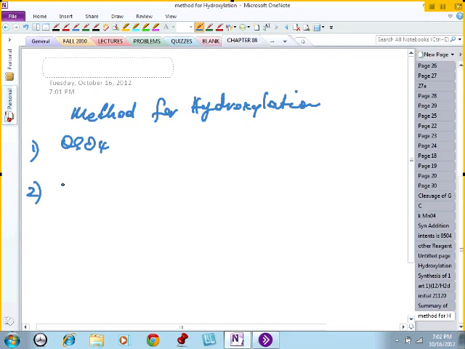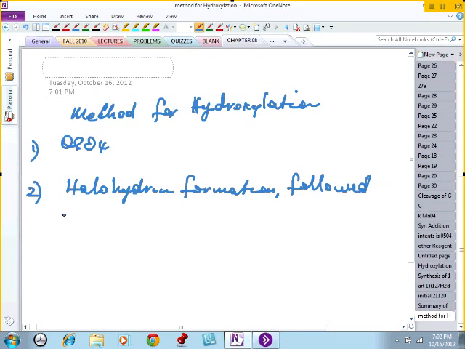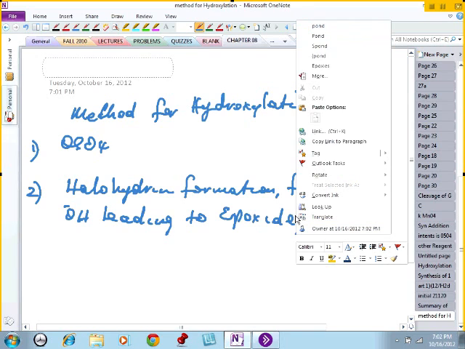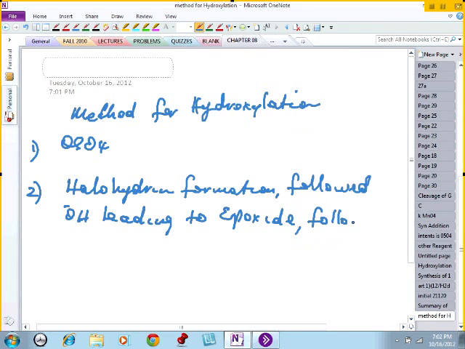Another one is halohydrin formation, followed by hydroxide, leading to epoxide, followed by hydrolysis, by hydronium ion hydrolysis.